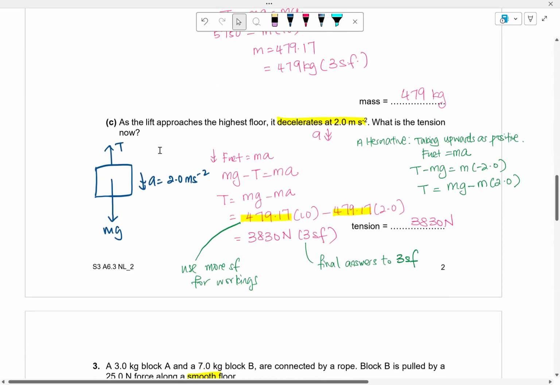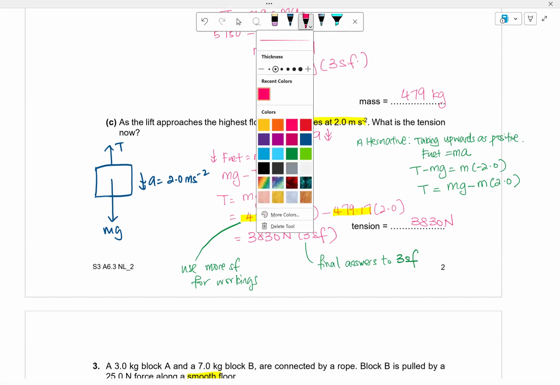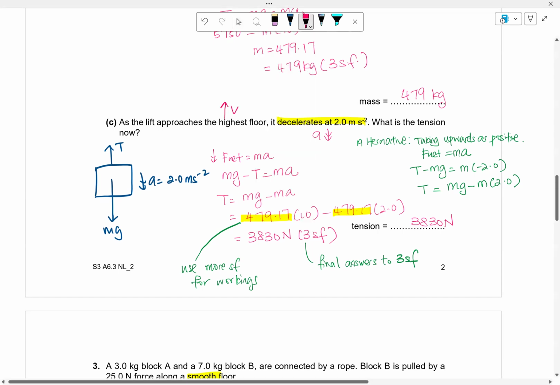So part C, now the lift approaches the highest floor. So when you take a lift to the highest floor, when you reach that floor, your lift must come to a stop, right? So therefore, it must decelerate or slow down. So as it is going up, direction of motion is up, right? And then it decelerates, it slows down. So acceleration must be in the opposite direction of velocity. So this question is really indirectly telling you that acceleration is downwards, so net force is downwards.